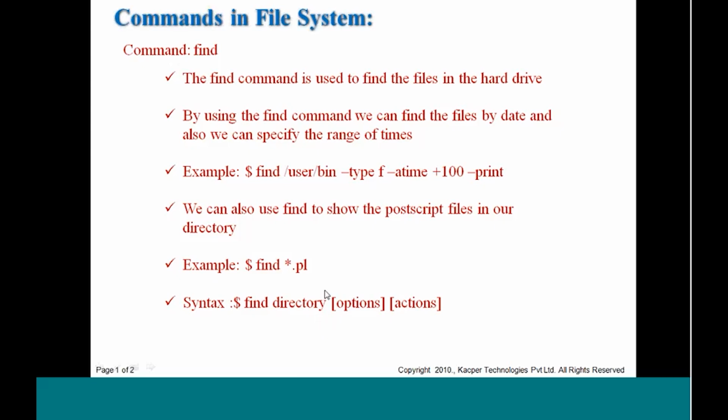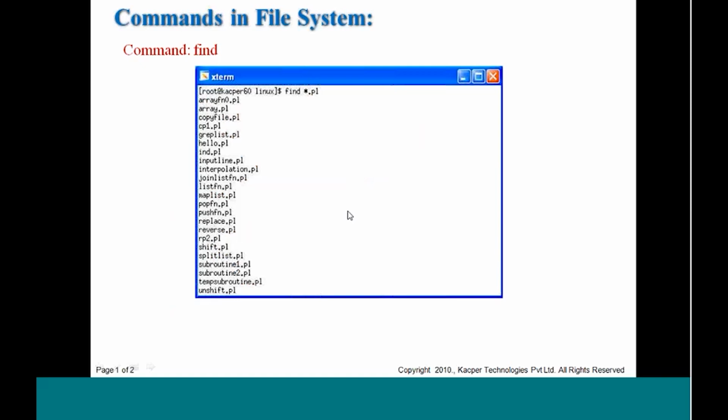The only thing is that here the directory is also an argument, which is essentially find, then the argument, then the options, followed by the action. For example, here the action is to print all the files that were found in the example command shown here.